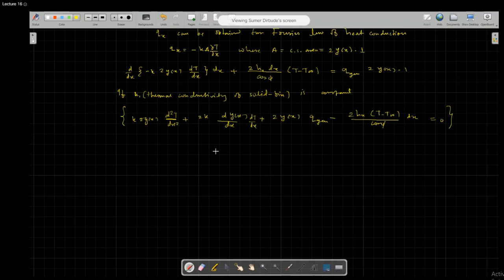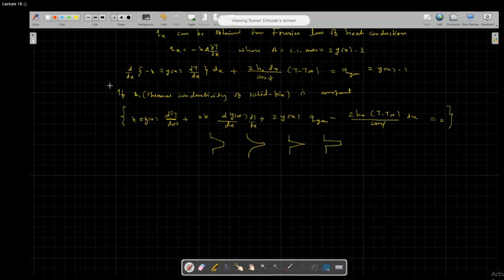It can be a trapezoidal type of fin, a parabolic fin, a triangular fin, or a rectangular fin. Depending on the functional relationship of y, you can get different expressions for different fins, and you can solve these expressions.